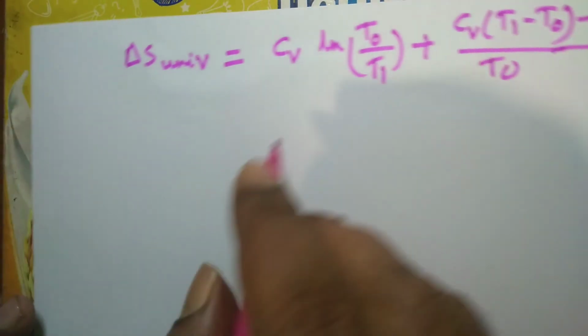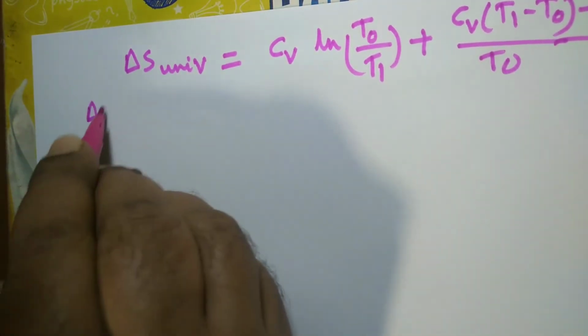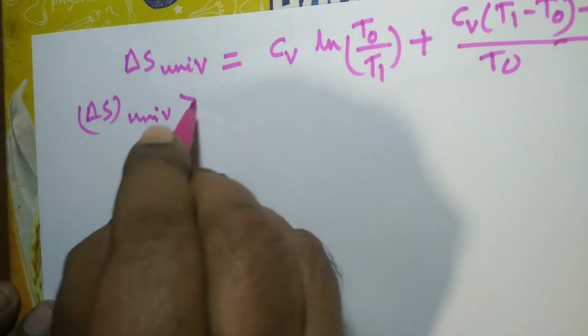So by entropy principle, delta S universe is always greater than or equal to 0.